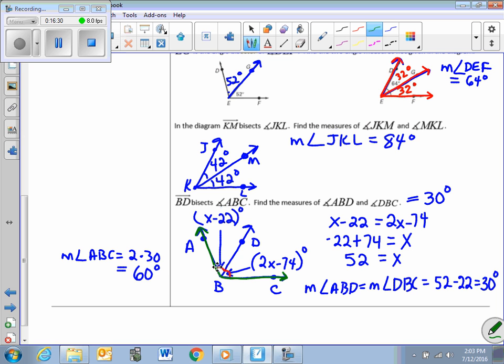Based on my numbers I made up, it measures 60 degrees. So sometimes when you make up a problem, the diagram doesn't really match what the answer is. You gotta stick with the algebra. You can't say, oh, it doesn't equal 60 just because it looks obtuse. You gotta rely on your algebra. Whatever answer your algebra gave you, that's what you want to go with.